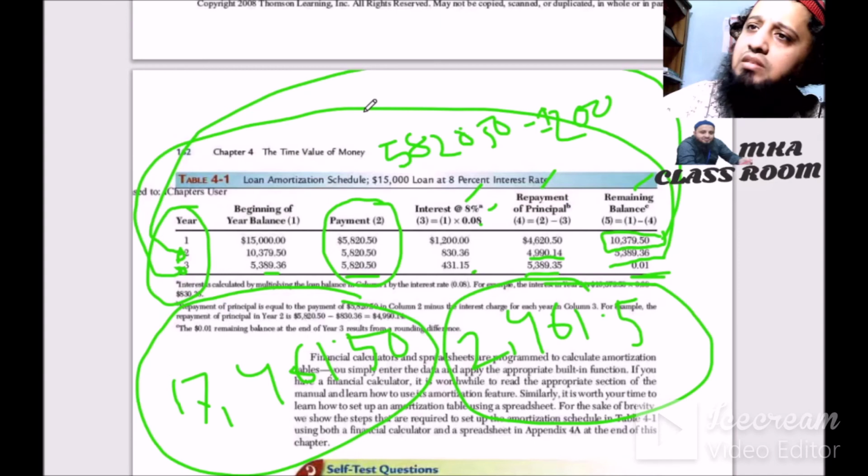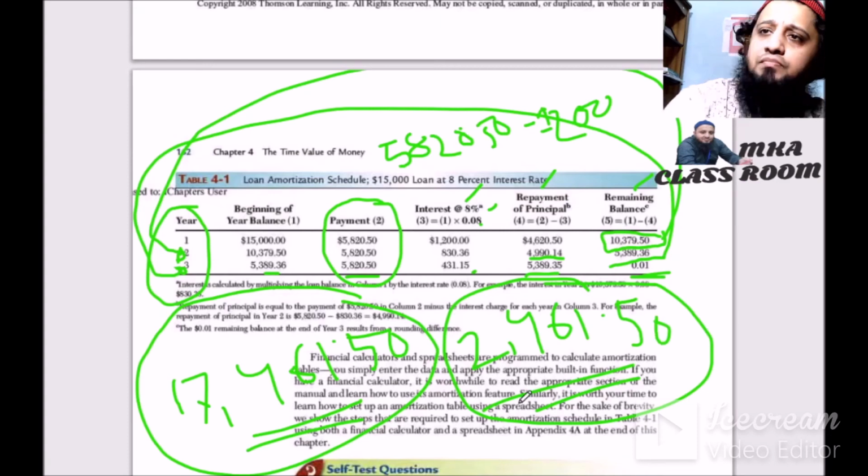The loan amortization schedule shows that in total we pay 17,461.50 taka, and total interest of 2,461.50 taka. In this way a loan can be amortized.